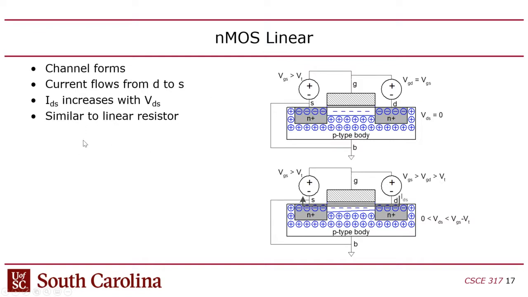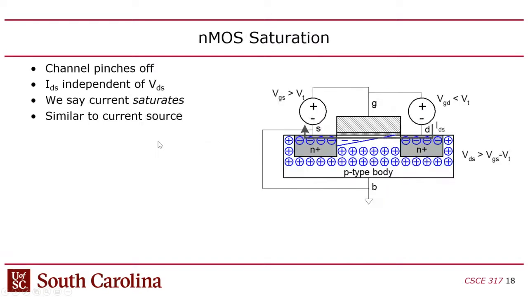So it becomes a resistor, essentially. The current increases with the voltage between the drain and source. And then with an nMOS, the current is flowing from the drain to the source. It's the opposite with PMOS, but with an nMOS, the convention is drain to source. Current increases with the voltage between the drain and source.